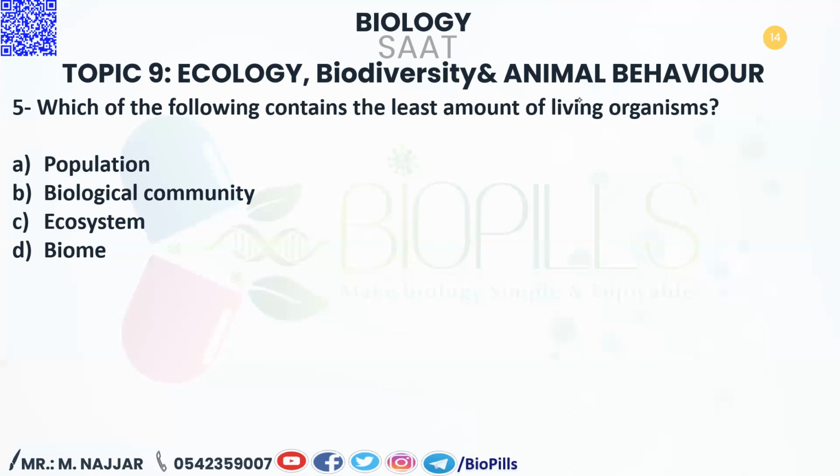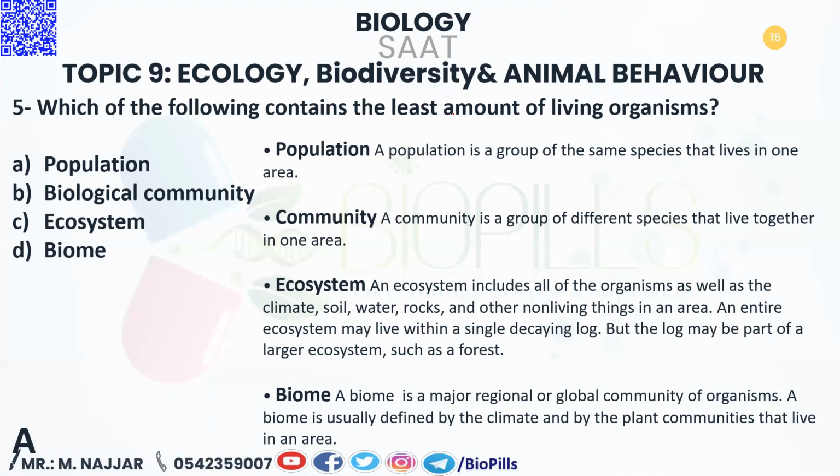Let's extend the explanation a little bit and say why it is A. He said the least amount of living organisms. Here we have population, community, ecosystem, and biome. They are arranged from the smaller to the larger and bigger. Population is a group of living organisms of the same species that live together in one particular area at the same time.